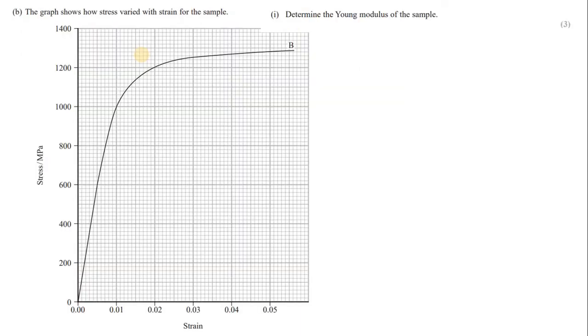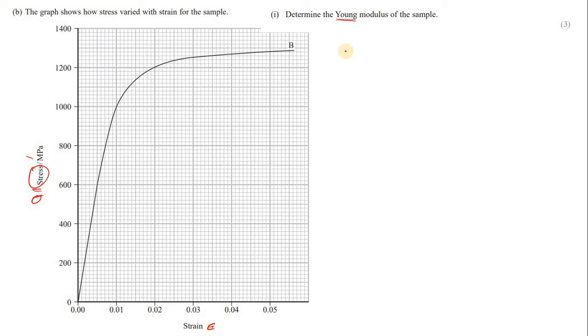The graph shows how stress varied with strain for the sample. This is a stress strain graph, with stress in megapascal. Remember, stress is in mega, million pascal. Determine the Young modulus. If a stress strain graph is given, this is stress sigma and this is strain epsilon.